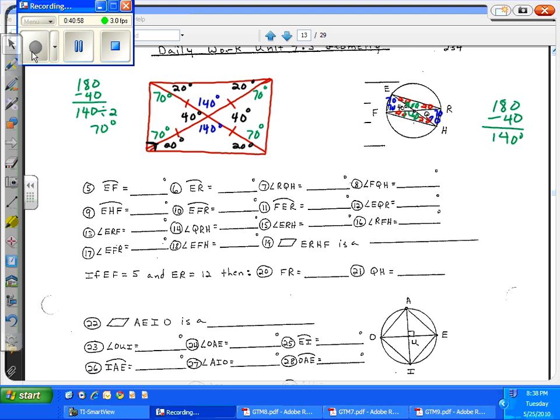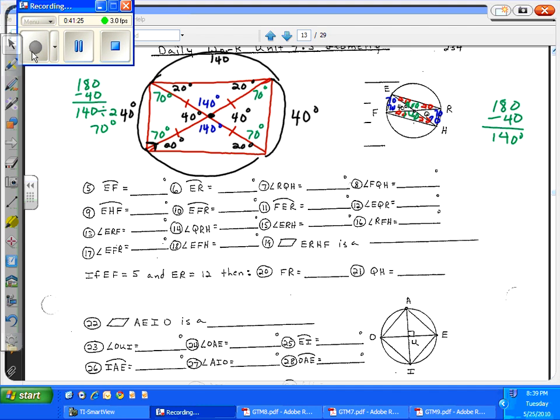Now, the arcs, this arc here is equal to this central angle. So if that angle is 40, that arc is 40. This arc is equal to this central angle, so it's 140. This arc is equal to that central angle, so it's 40.